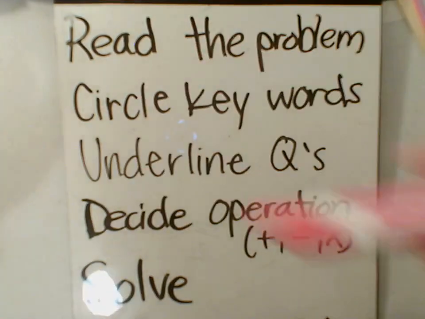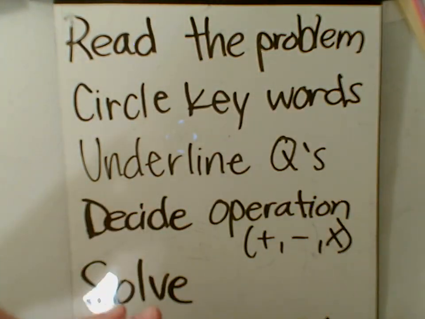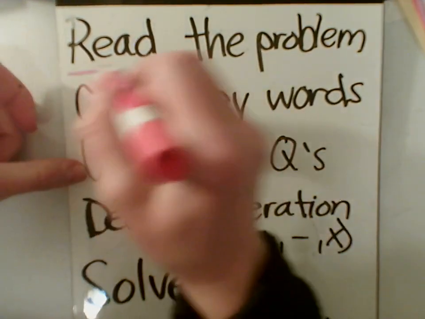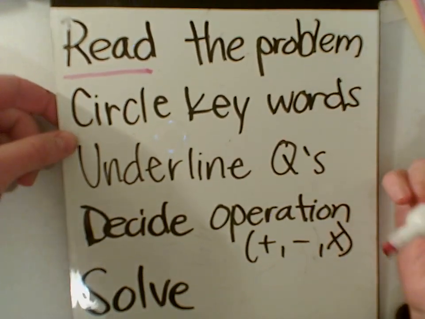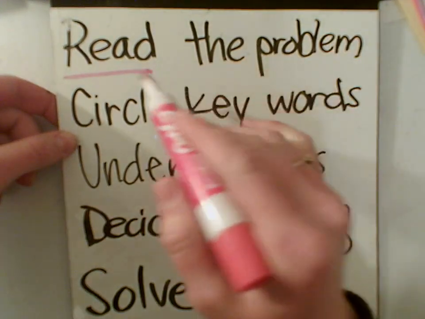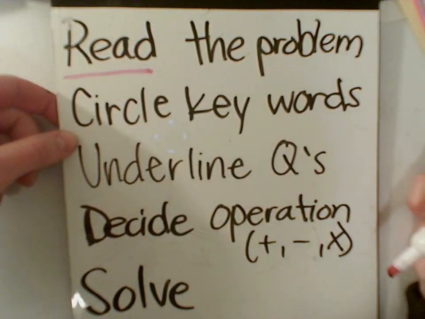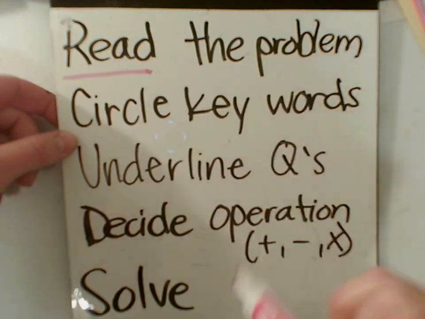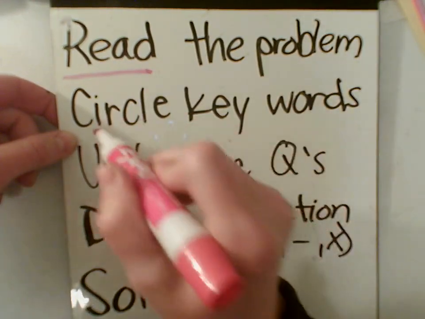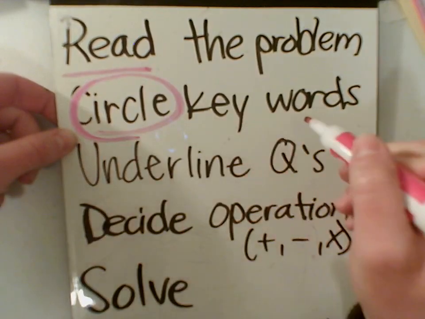Here is a list that I often think of. First, we need to read the problem. We have no idea what to do unless we read the actual problem. Do you see how reading applies to math too? So we have to first read the problem. Next, circle key words.